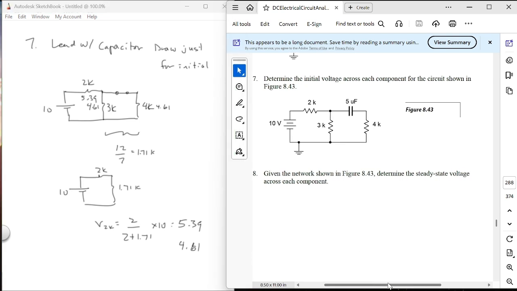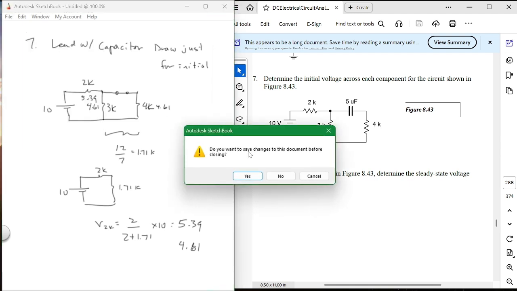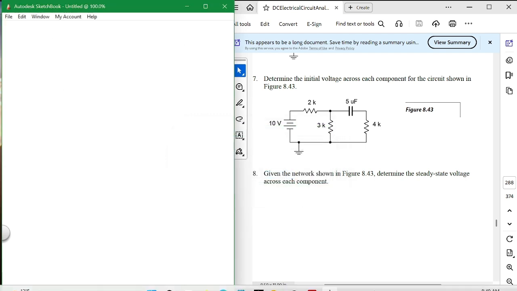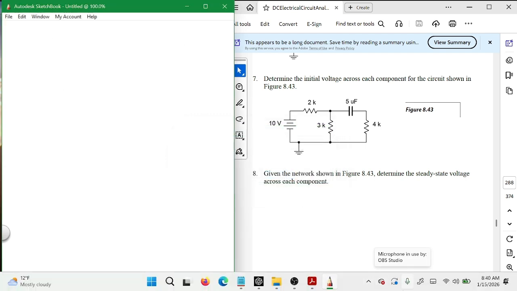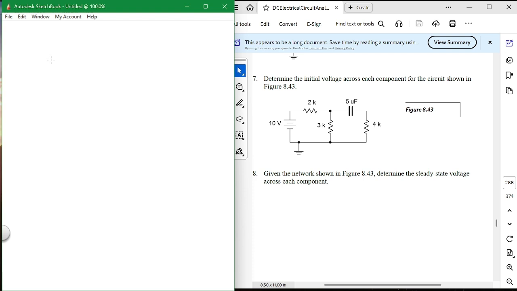What would be the steady state voltage across each of those components? After a while, what would it be? Okay, let's go back and do that. After a while, this circuit becomes this: 10, 2K, 3K.